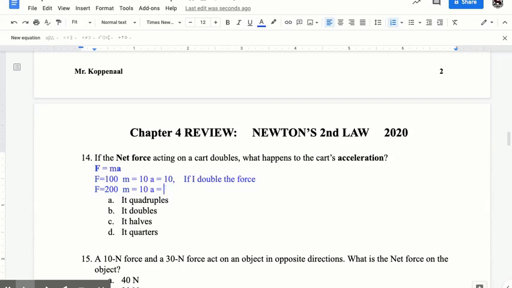The acceleration is what is going to change. Well, since it's mass times acceleration, 10 times what gives me 200? Well, it needs to be 20. And so what happened to my acceleration? It went from 10 to 20. So it also doubled. And that is what, again, at least right now, with these simple equations, directly proportional means.